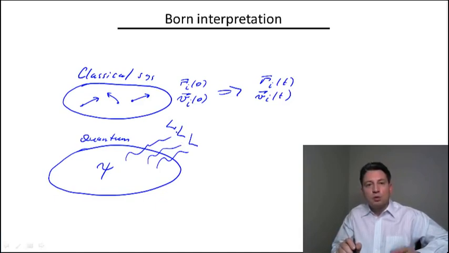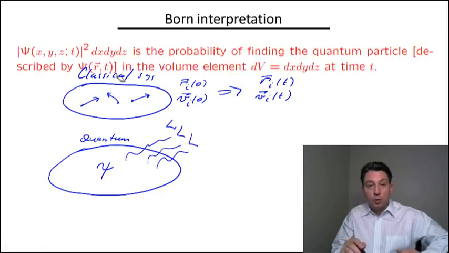And so Born realized it, and he also found a way to quantify this uncertainty using the wave function. And what we know now as the Born rule is written here.